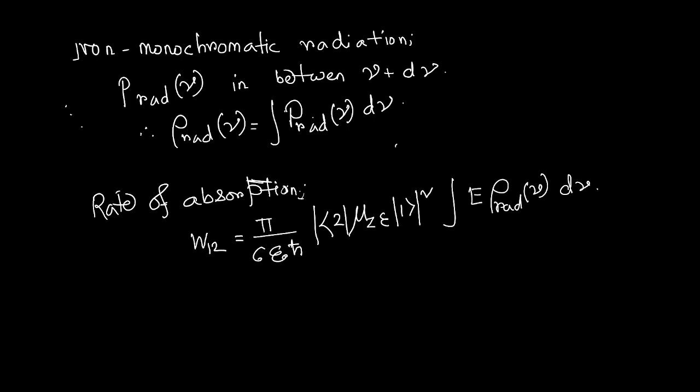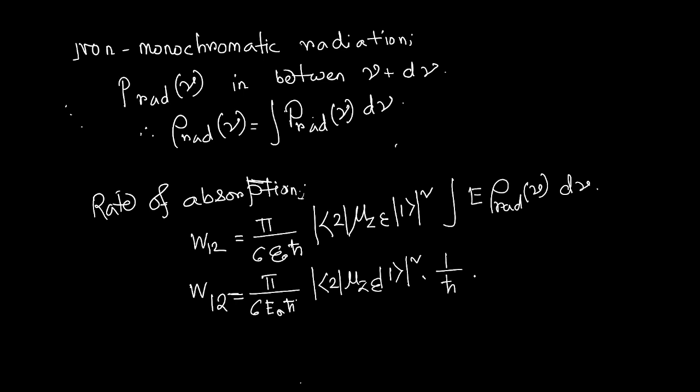So for non-monochromatic radiation we replace the density of states with the radiation density. Okay, now if we take E0 out, then it will be one by h cut rho at nu.